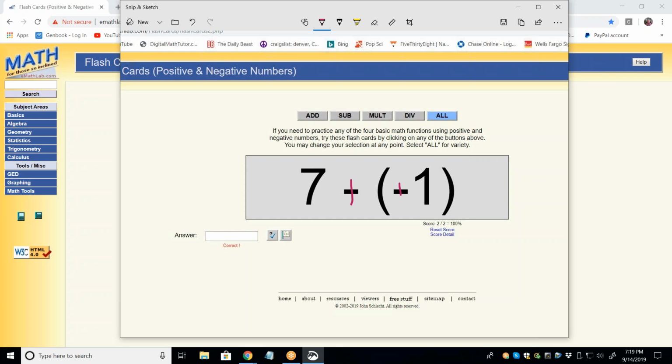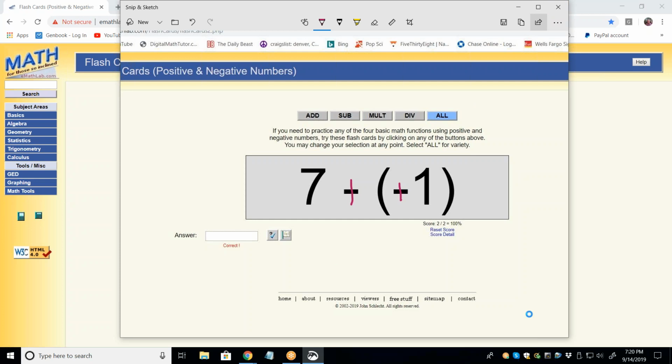We're going to turn it to a positive 1. Now it's easy. 7 plus 1 is... What's 7 plus 1? 8? Correct.